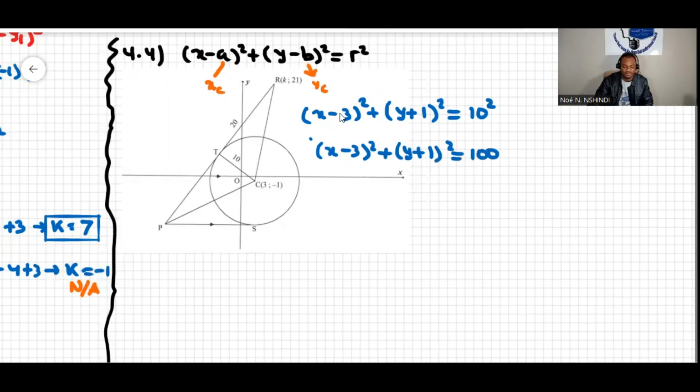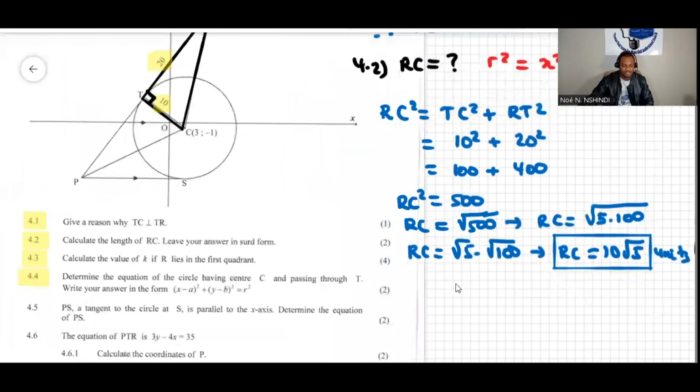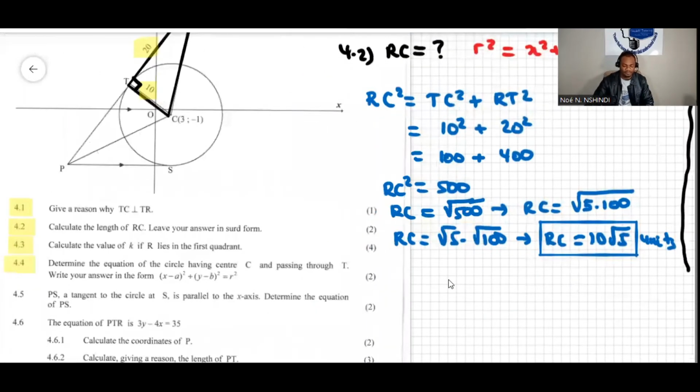That's the equation of the circle passing through T. And then the following question is question 4.5. The question says PS, a tangent to the circle at S, is parallel to the x-axis.